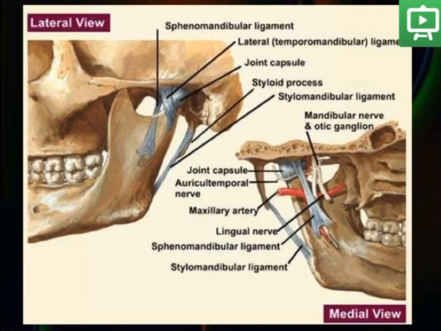There is the main temporomandibular ligament, or the lateral ligament, and a few other accessory ligaments: the sphenomandibular, the stylomandibular, the pterygomandibular, and the retinacular ligaments.